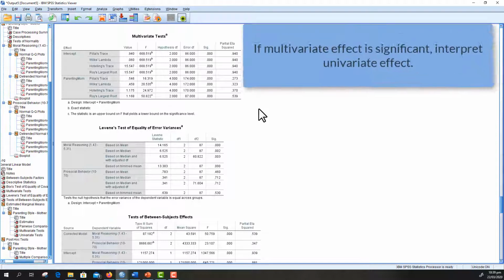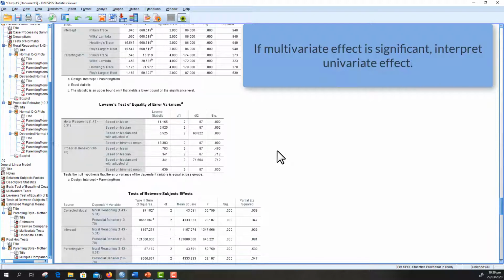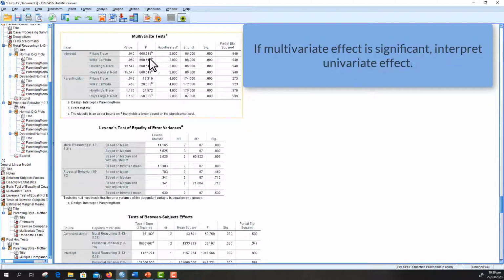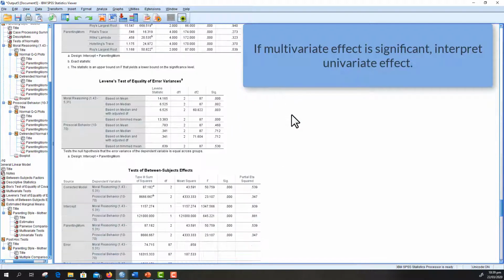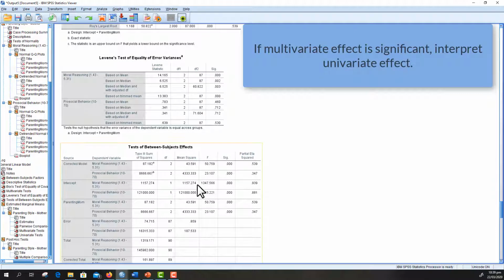Another option is to interpret the univariate F tests only if the multivariate effect was significant. So aside from the multivariate test, MANOVA also produces the univariate effect. In fact, there are 2 tables that show the univariate effect.